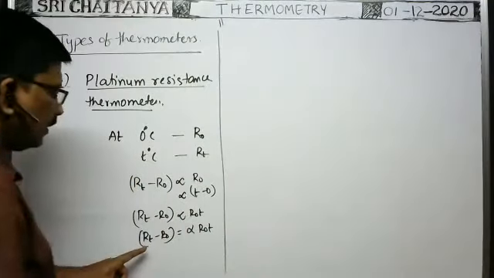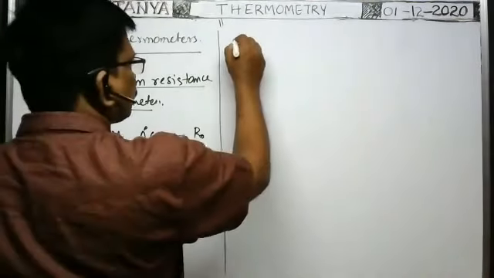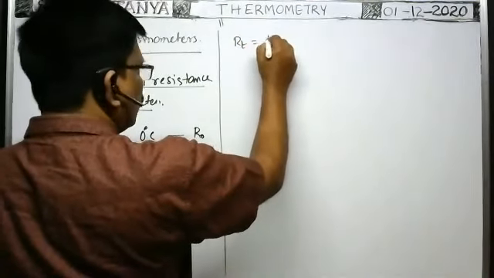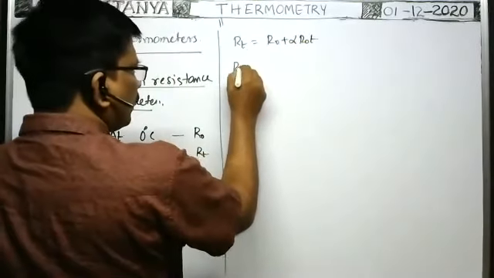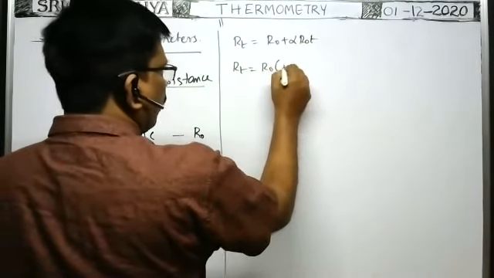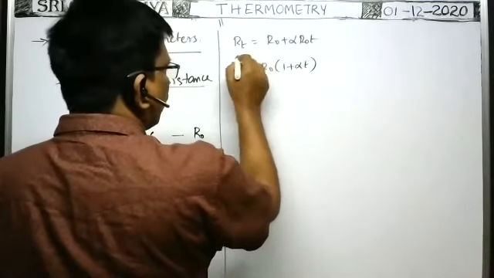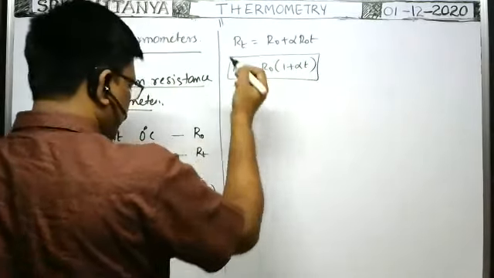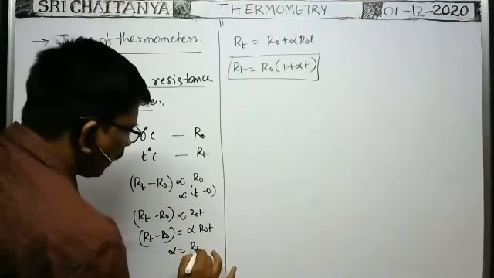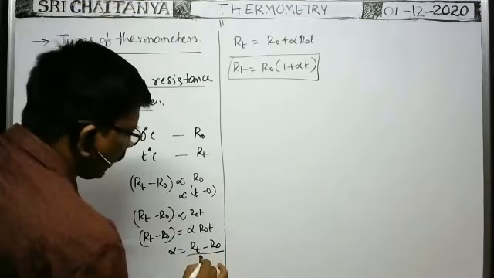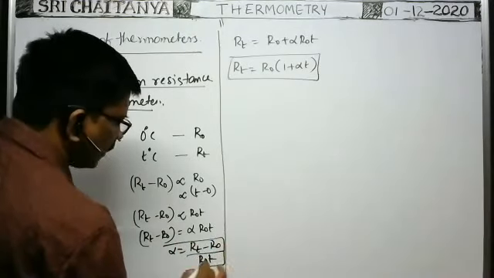So RT is equal to R naught plus alpha R naught T, or RT is equal to R naught into 1 plus alpha T. Or, alpha is equal to RT minus R naught by R naught into T. We can remember the formula like this also.